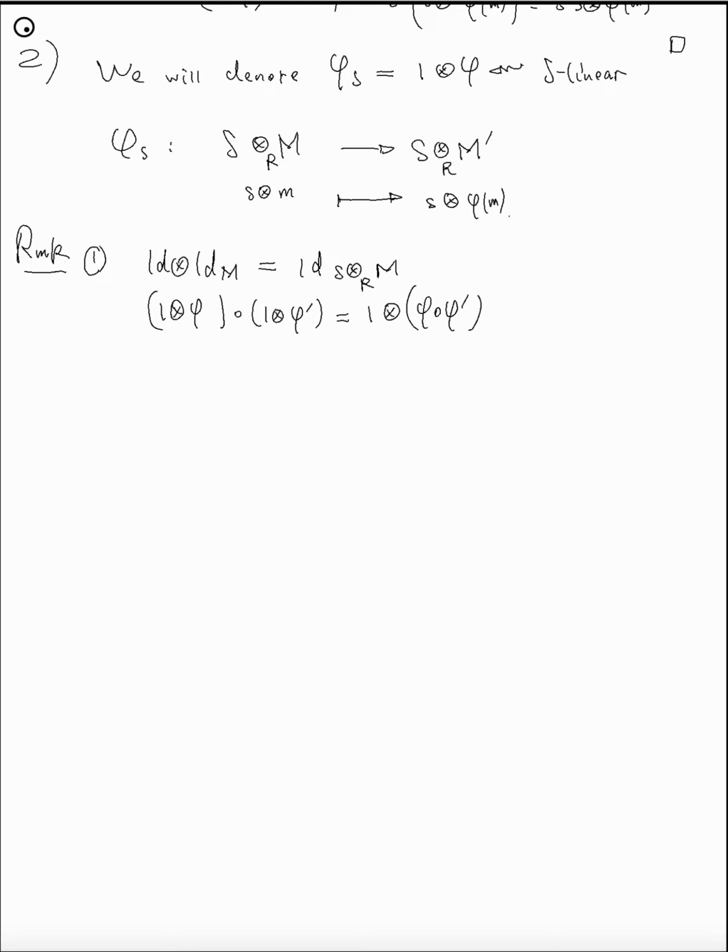By our new notation, this is just phi_S composed with phi prime_S equals (phi composed with phi prime)_S. This is just saying the identity of M_S equals this.